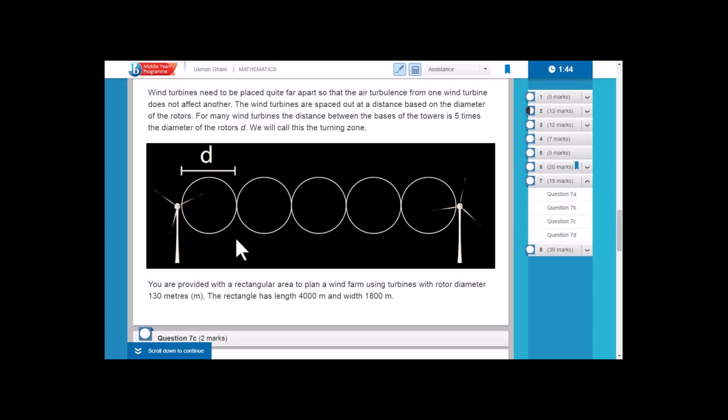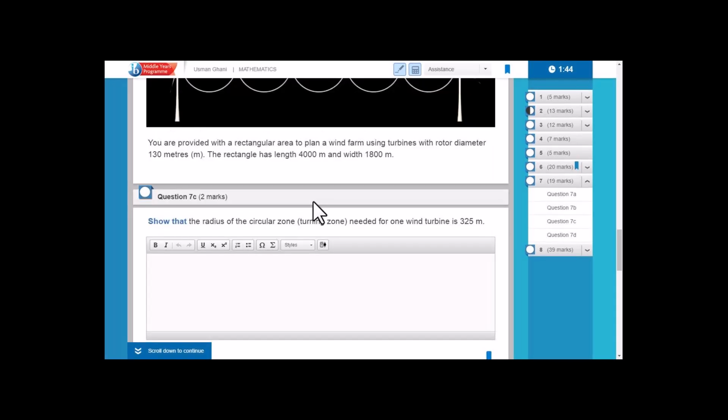So one windmill needs 2.5 circles and the other one needs a gap of 2.5 circles as well. So 130, 130, plus half of 130, which is 65. 130 plus 130 plus 65 gives us the exact answer of 325.